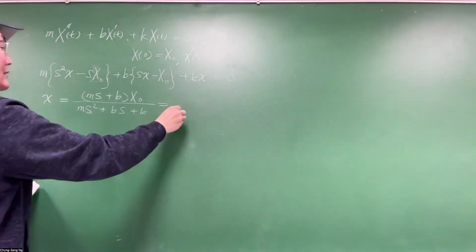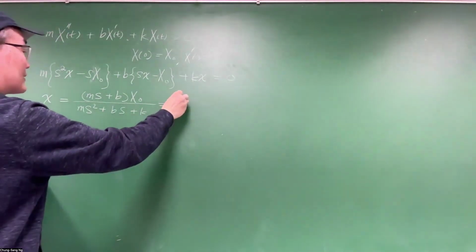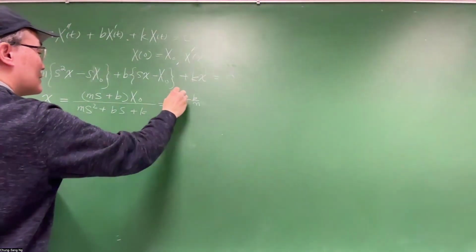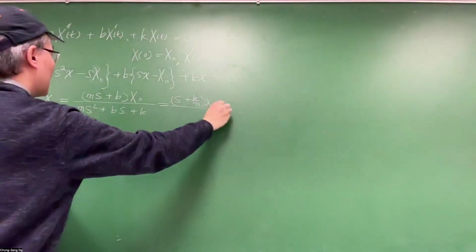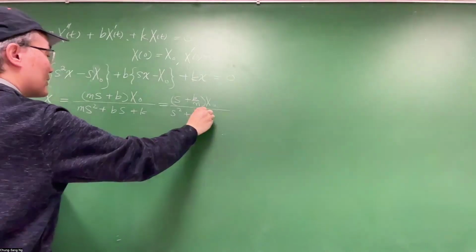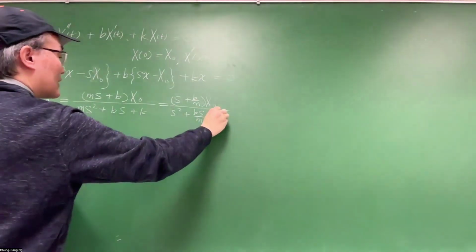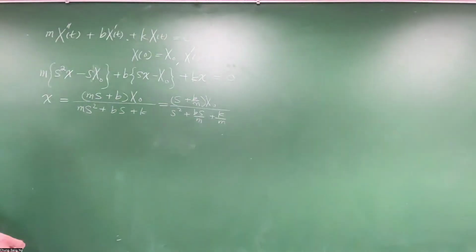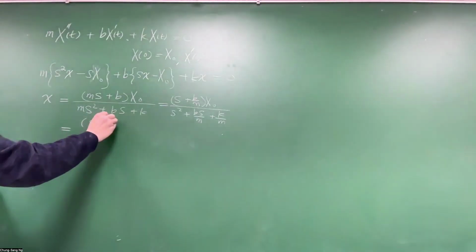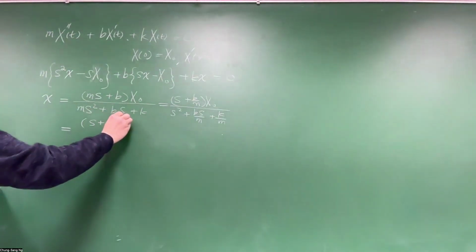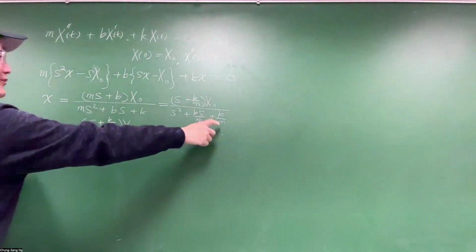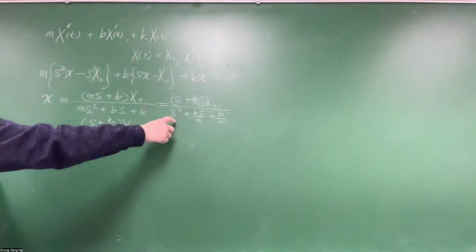So dividing that, the denominator becomes s squared plus b over m times s plus k over m. And now you complete the square of the denominator, which I assume you know how to do. I think I did it in another example.